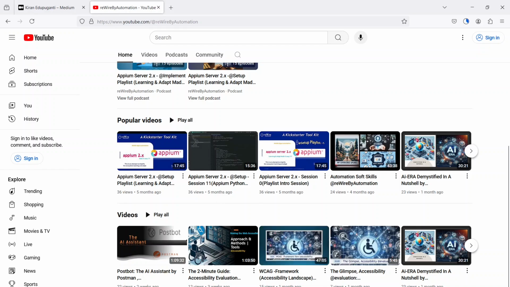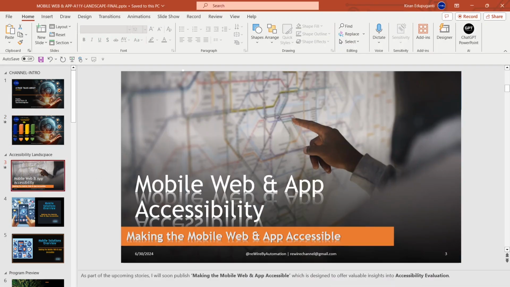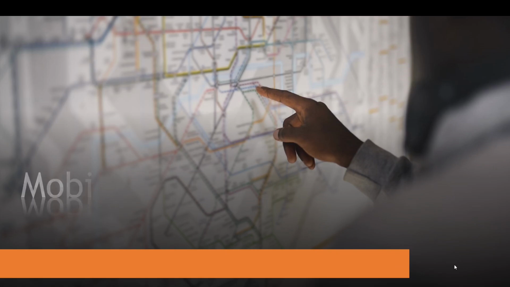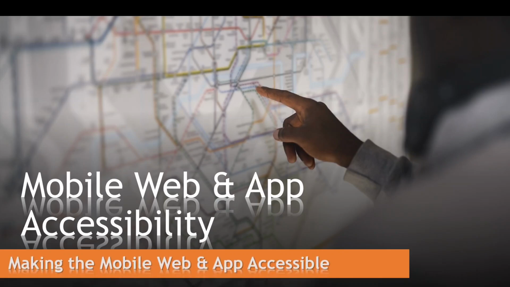Without further delay, let's move ahead with today's topic, mobile web and app accessibility. So far we have seen the approaches, methods, and guidelines on the web application side, which are purely based on the desktop environment.